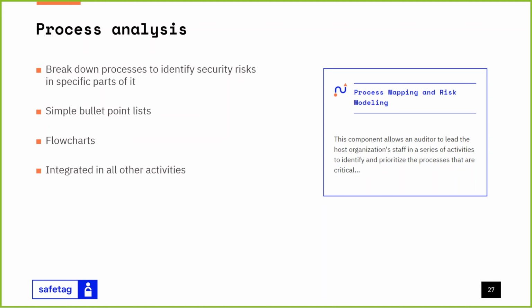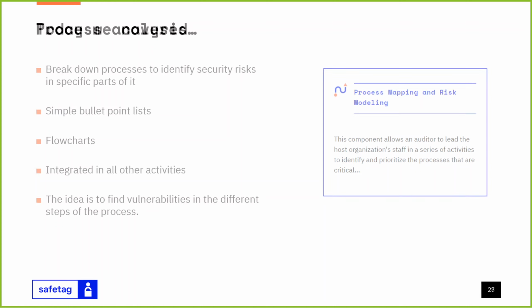The way I try to do this is integrating it into all the activities. On the right you have the name of the method associated in SAFETAG, process analysis as a standalone activity. The idea is to find vulnerabilities in the different steps of the process.